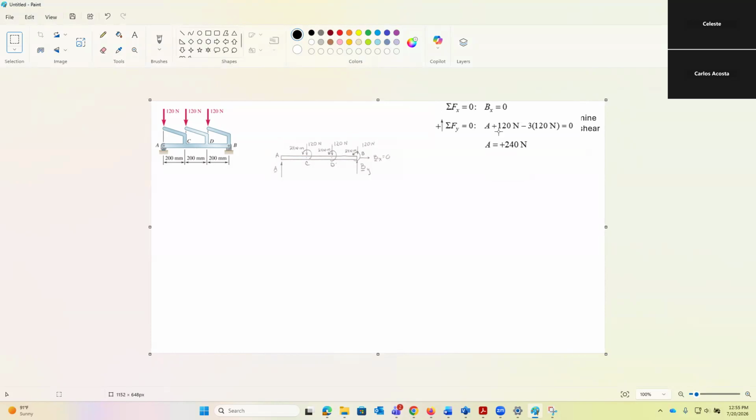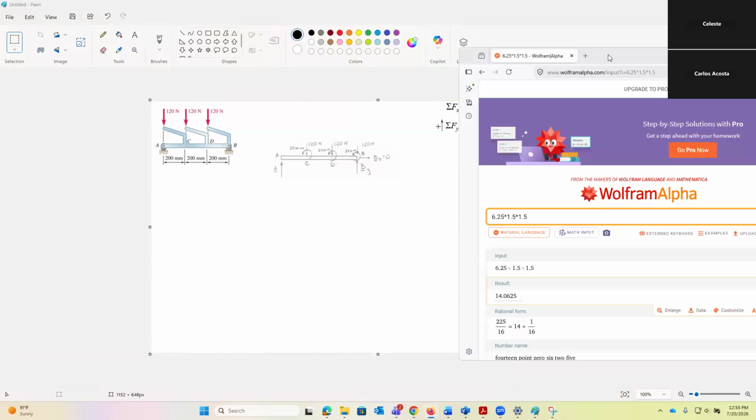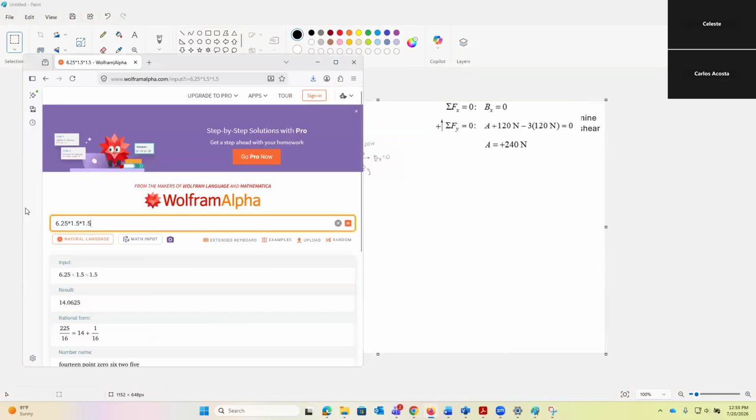I think that there's a typo here because we have a force in By and we have 1, 2, 3. I think this is a typo here. I had a typo here. Okay, so did that change my math? It did.